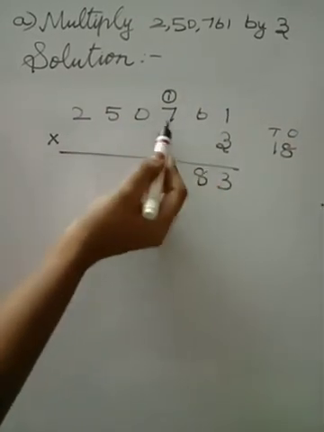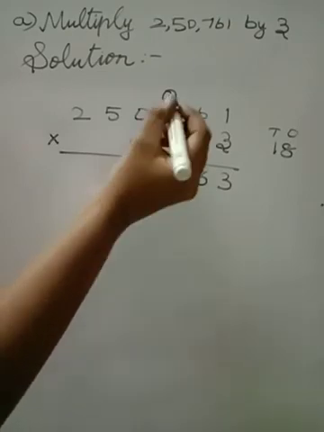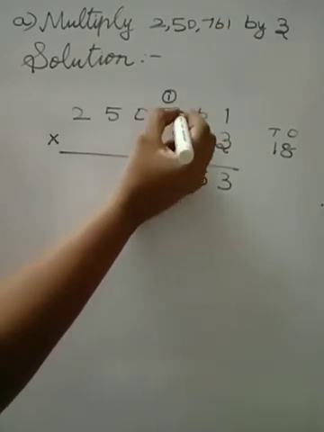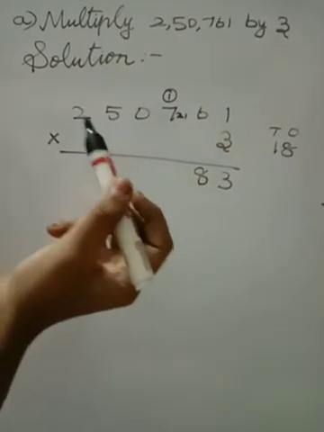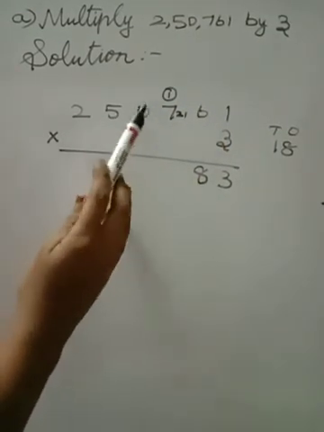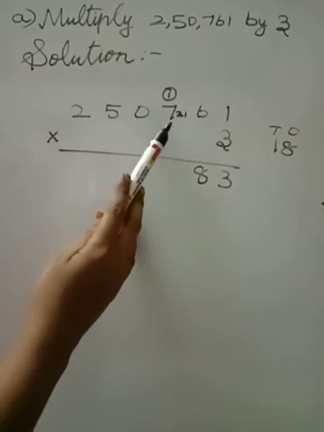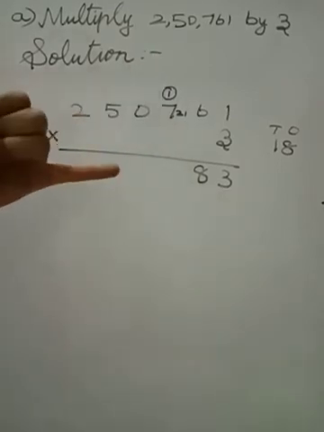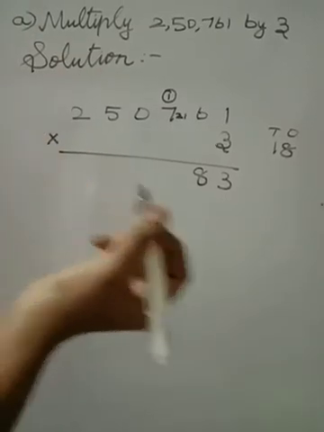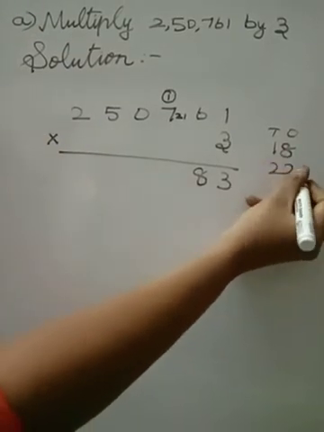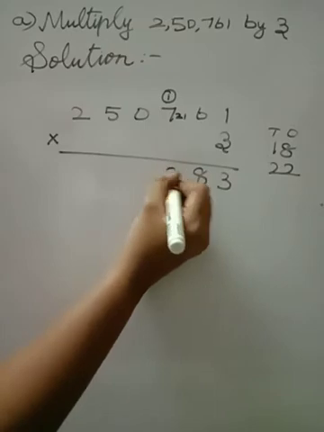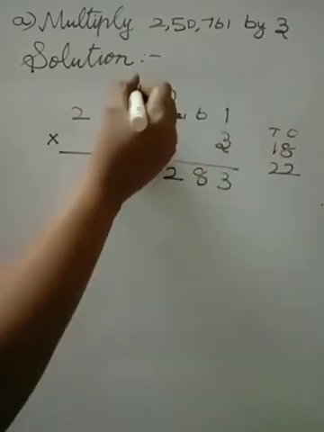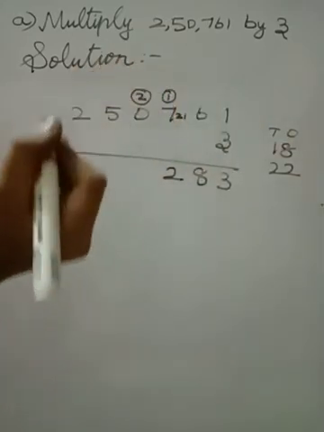Next, 3 7s are 21. The carryover number should be added to this 21, isn't it? So 21 in the mind, 1 in the finger, 21 after 22. The number is 22. Ones place number in the answer's place, tens place number in the carryover.